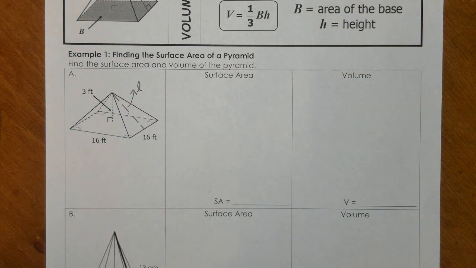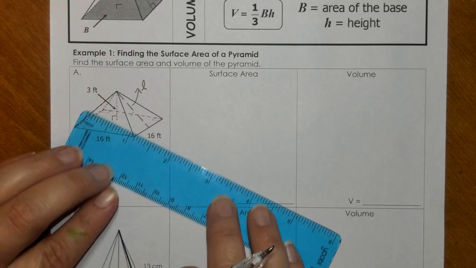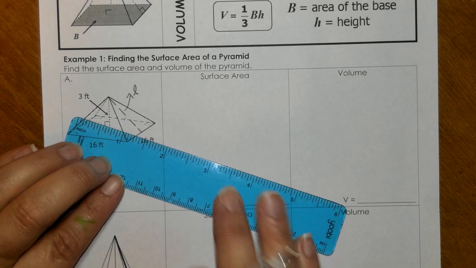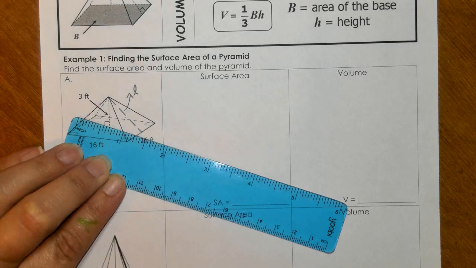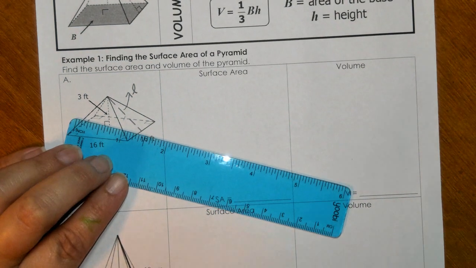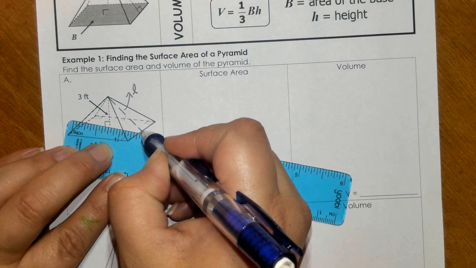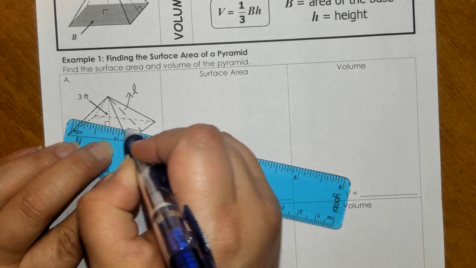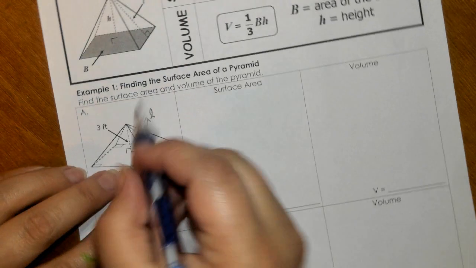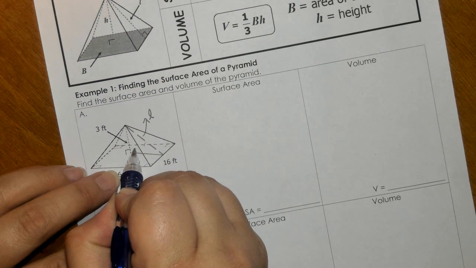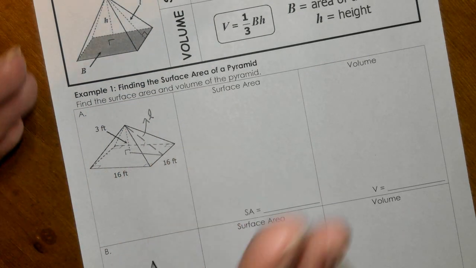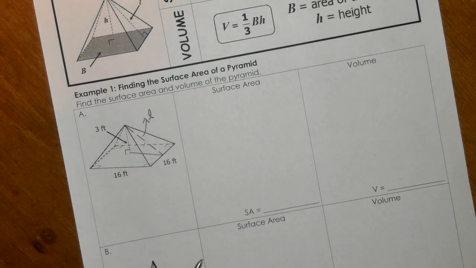Now, if I want to find that L, what happens is if I draw a segment connecting the middle to the slant height, it creates a right triangle. It does not look like a right angle, but it is. It's just because we have a weird view of this.